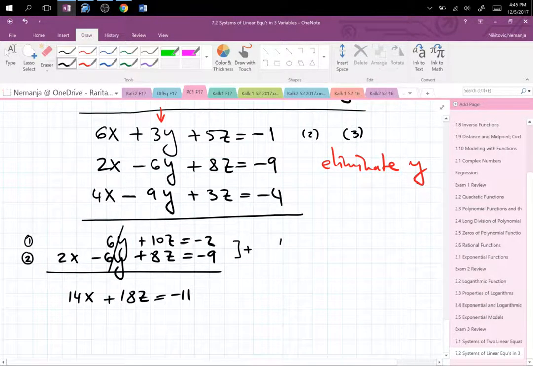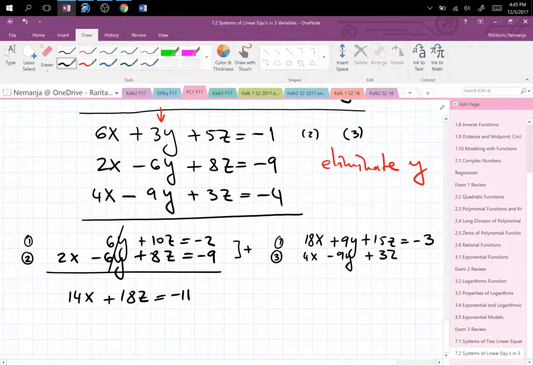Now we're going to equations 1 and 3, because we want to use 3y and 9y. I need to multiply by 3, so that's 18x plus 9y plus 15z is equal to -3. And third equation, copy as is, so 4x minus 9y plus 3z is equal to -4.